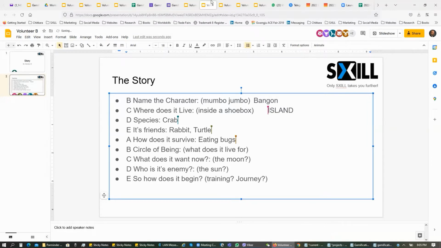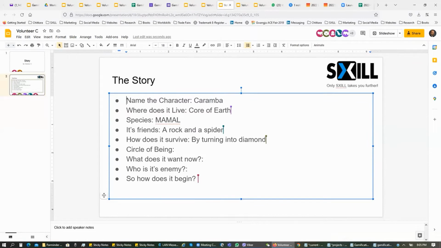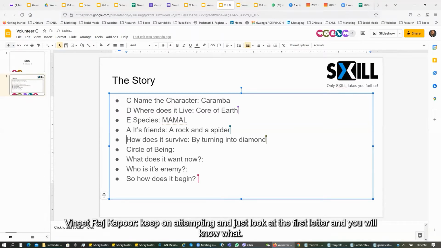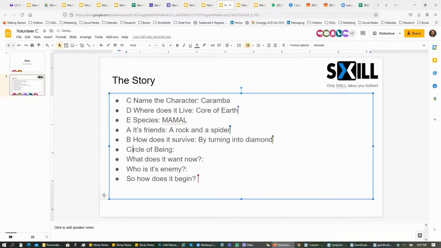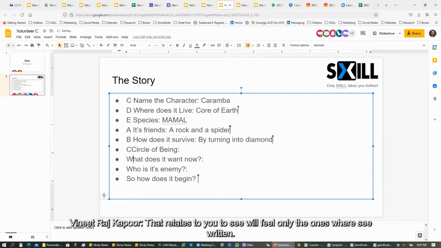Keep on attempting. Just look at the first letter and you will know what that relates to you. So C will fill only the ones where C is written.